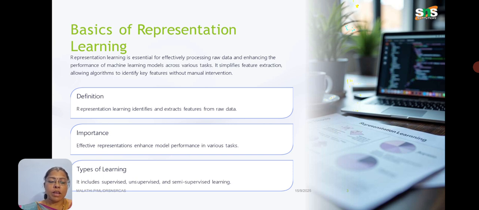For example, if you are going to develop a model to predict some results, we need to insert the data for the machine to learn. If it is supervised learning, we insert the data which is labeled. If it is unsupervised learning, we will not label the parts, and the machine is not able to identify it accurately.